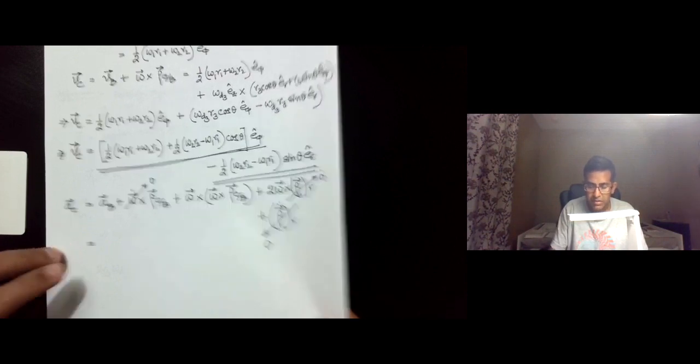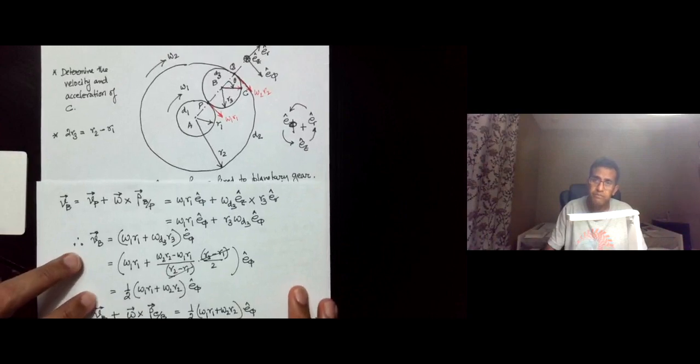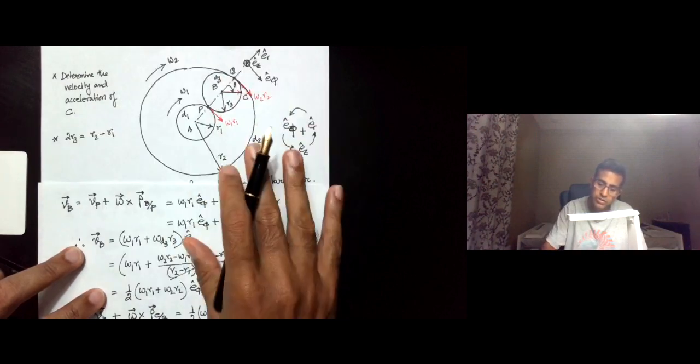Another simplifying step that we can make is valid when we are dealing with a planar problem, where all the motions are happening in a plane, so the angular velocities are just perpendicular to the plane.